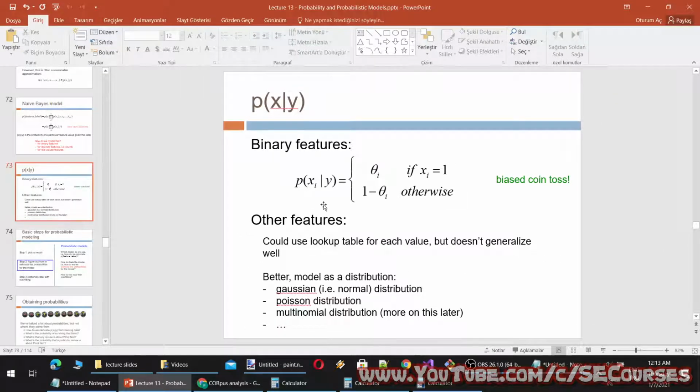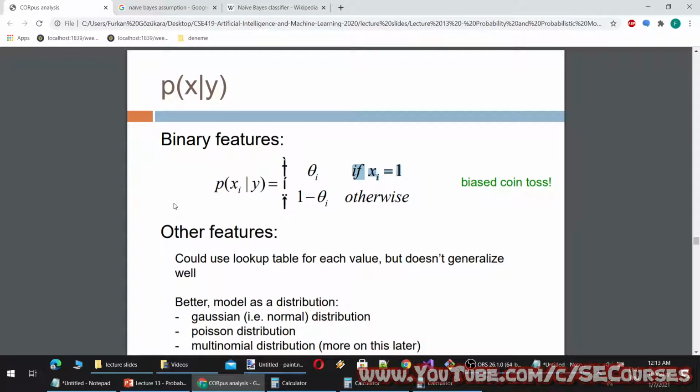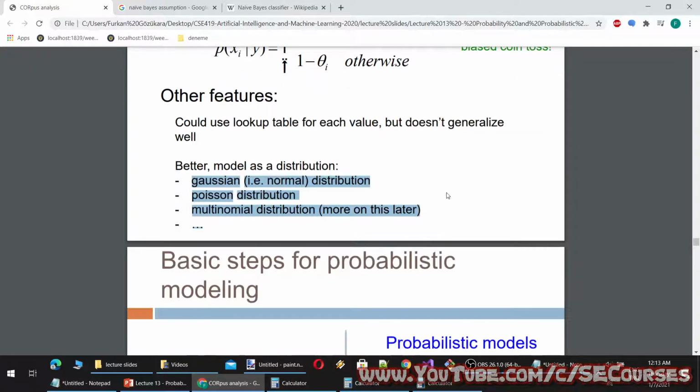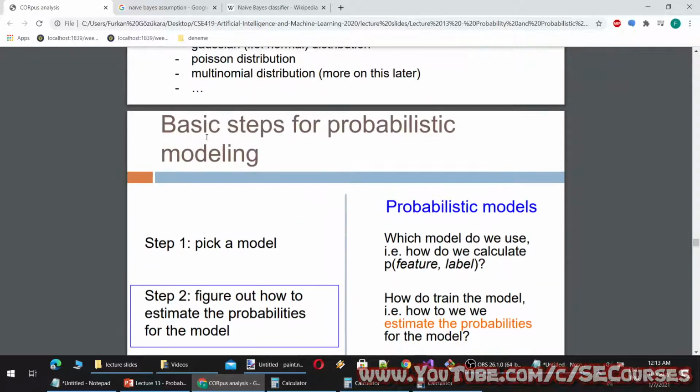So you see, it is the first condition if x equals 1, or otherwise. It is so simple, it is binary. Other features: we could use a lookup table for each value, but it doesn't generalize well. Better, model as a distribution: Gaussian, i.e. normal, distribution, Poisson distribution, multinomial distribution, more on this later.